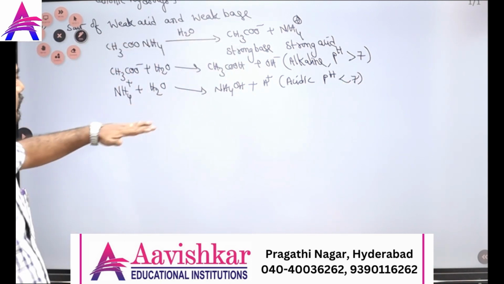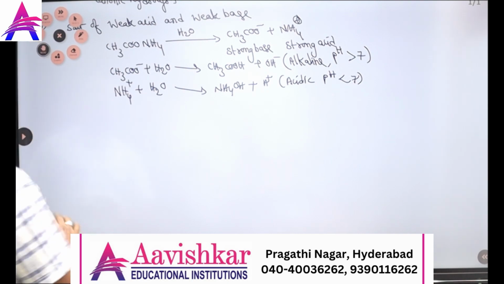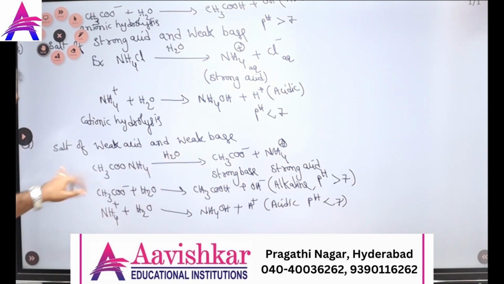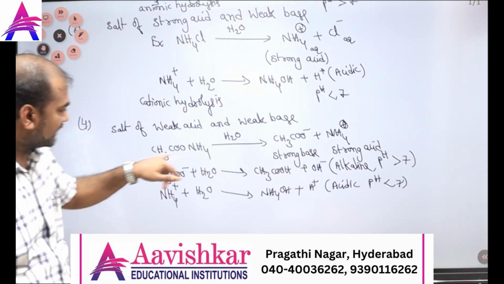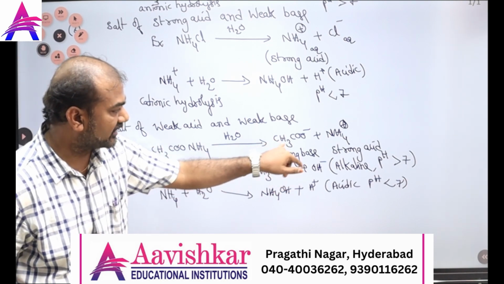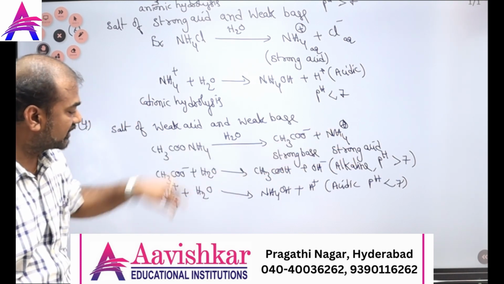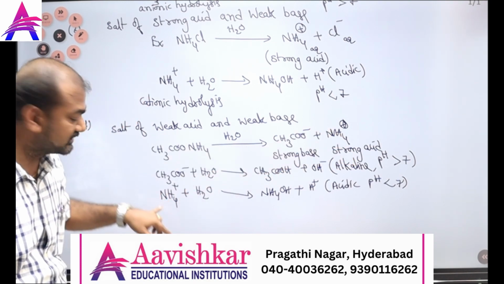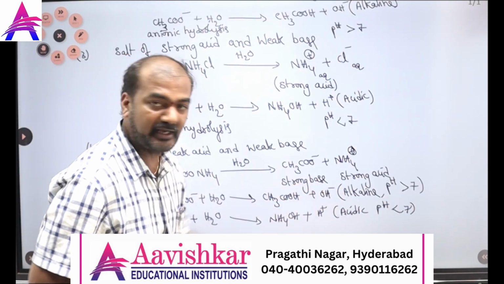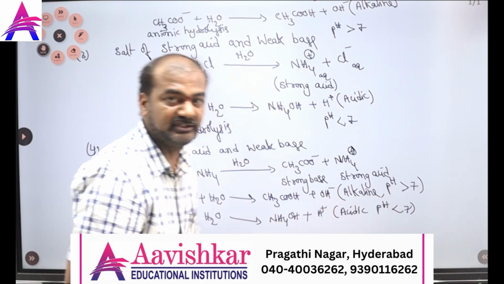So the last one is the salt of weak acid and weak base, ammonium acetate, which when dissolved in water gives a strong base like acetate ion as well as a strong acid like ammonium. Both react with water, one by anionic hydrolysis and the other by cationic hydrolysis. The solution may be alkaline or acidic.